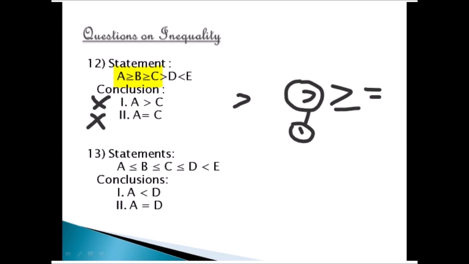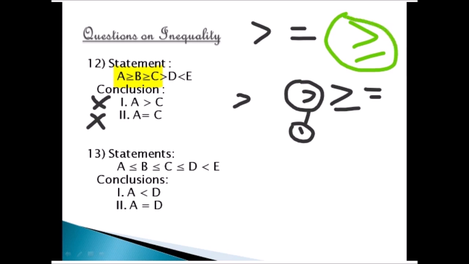But as we discussed just now, if this kind of condition is there, that both the conclusions are false, then we have to combine these symbols and make this one.